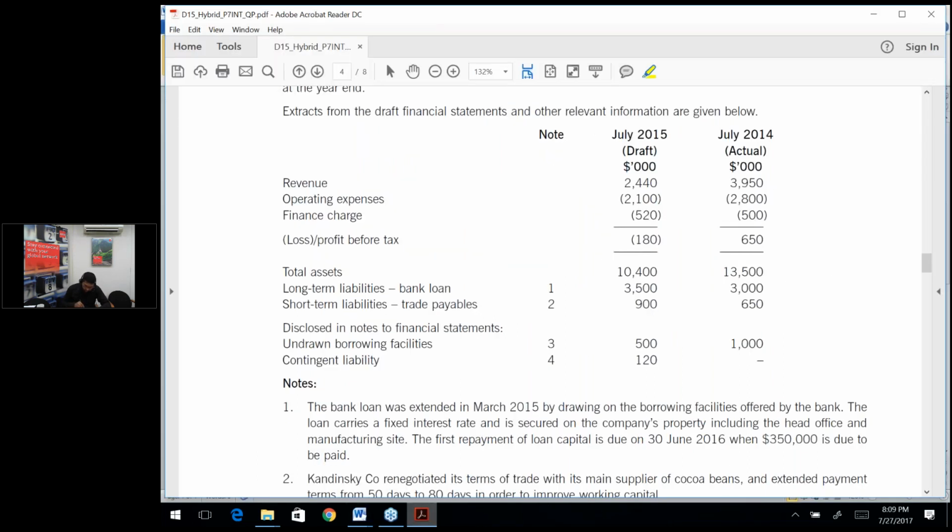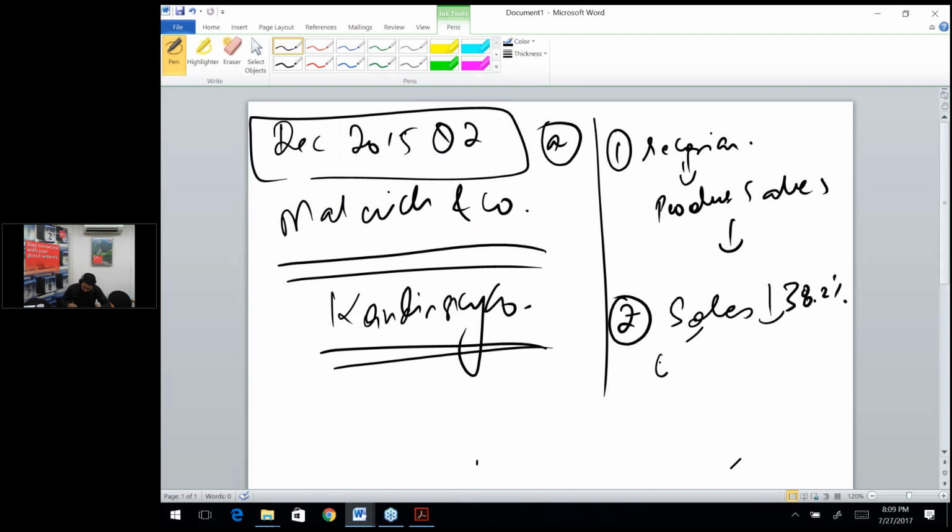Now what else? The operating expenses have also gone down, but they've gone down by 25% only. You will also get marks for the analyticals. Whenever you perform analytical procedures, you get marks for them also.